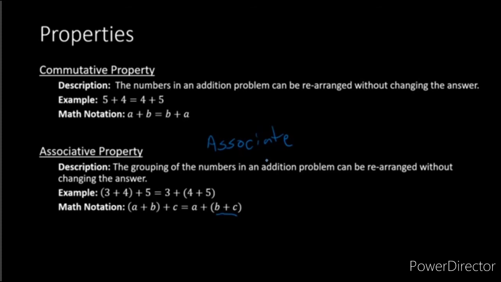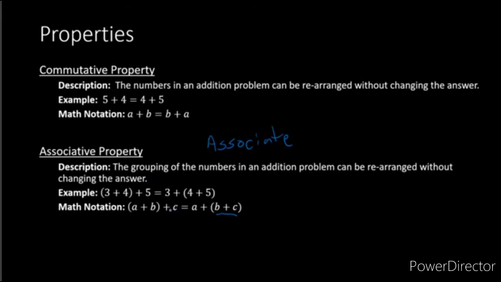You associate with them. So same idea here with numbers. If we associate numbers together, that means we put them in the same group. So the word associate has the idea of grouping. So if you see the grouping changing, and in this case the grouping is the parentheses, that's how we group together numbers. If the grouping is changing, or the numbers in the parentheses are changing, that would be your associative property.